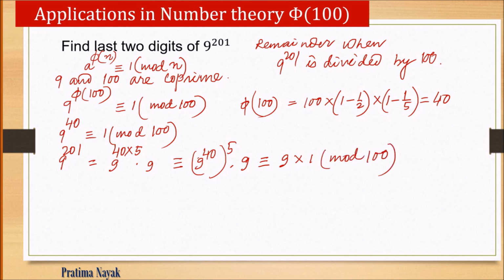Because 1 power 5 is also 1. So the remainder is 09. So when 9 power 201 is divided by 100, we get 09 as the remainder. So 09 are the last two digits.